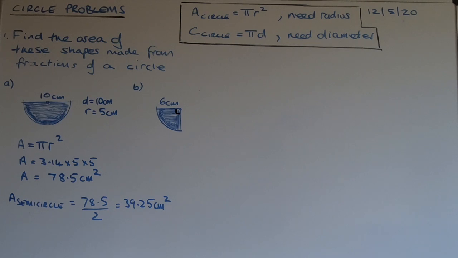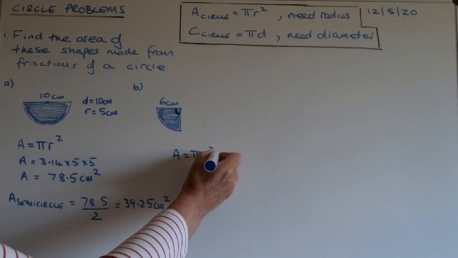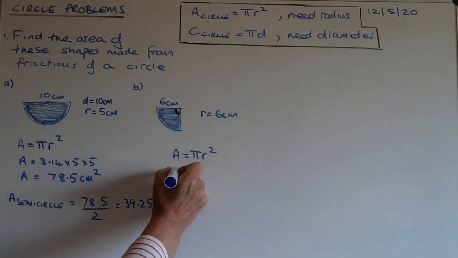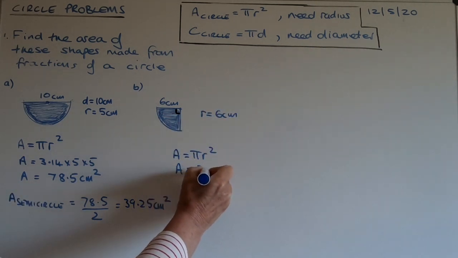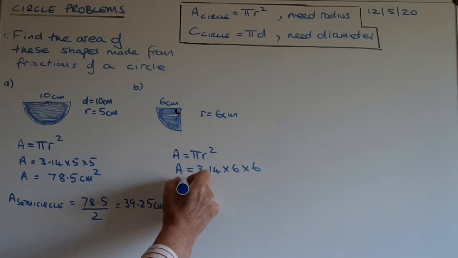Now the fraction here, can you see the right angle there? So it's a quarter of the whole circle. So first of all we find the area of the whole circle and then we get the quarter. So again, 3 lines of working. A equals pi r squared. This time it is the radius, so we're straight into the formula. The area is pi, 3.14 times 6 times 6.